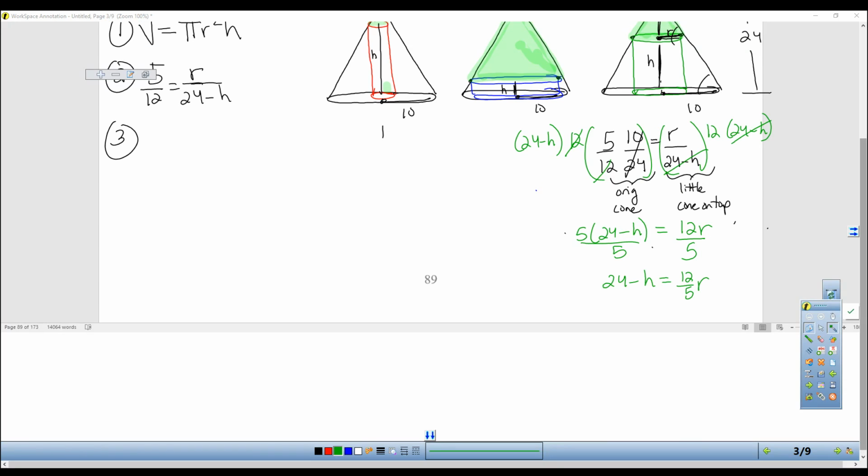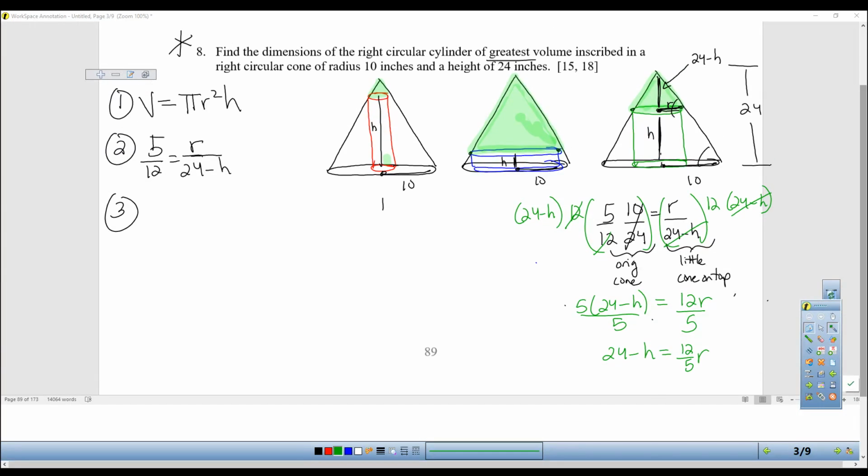And lastly, I'm just going to move it this way because I want the h to be positive. h = 24 minus 12 over 5 r. It's not pretty, but it is how I would do it. So now I'm going to put that in here.